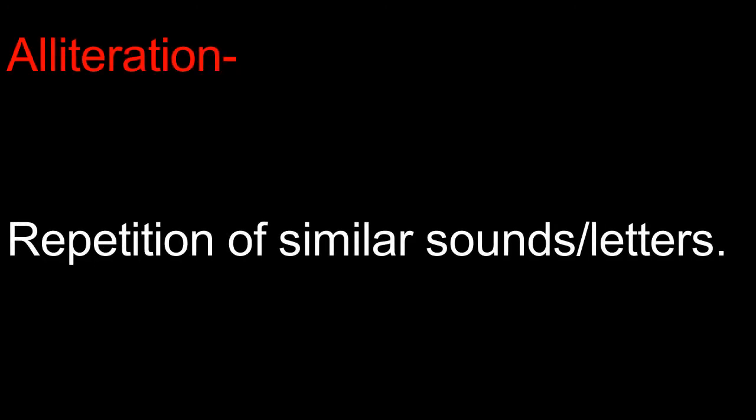A very common figure of speech in poetry is alliteration. When similar sound or repetition of similar letters are used to produce poetic effect, it is called alliteration. Listen carefully.